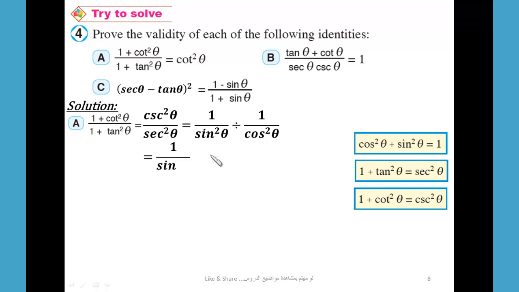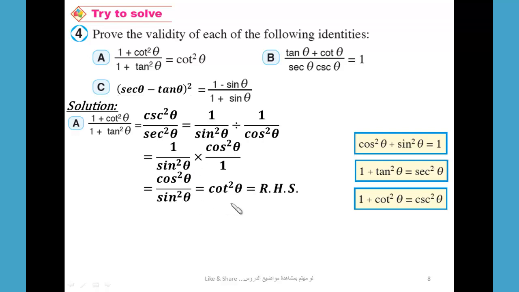Then we change the division to multiplication. So the result will be cosine square over sine square, which equals cotan square theta, the right hand side, as required. And don't forget, this is an identity, so it is always true for all the values of theta.